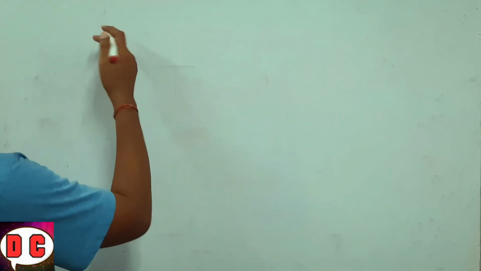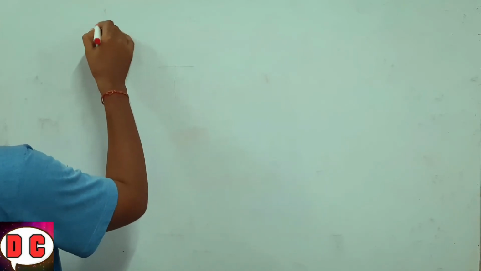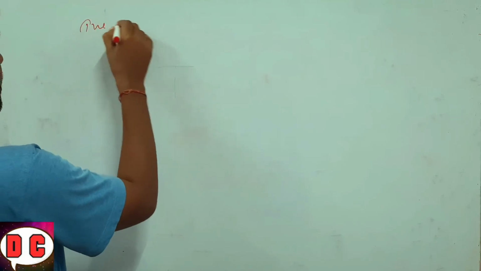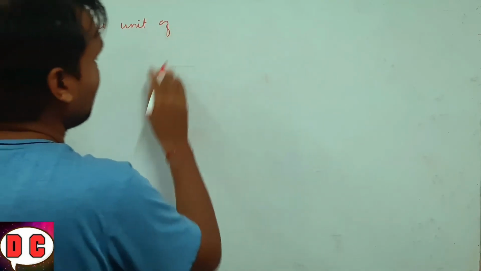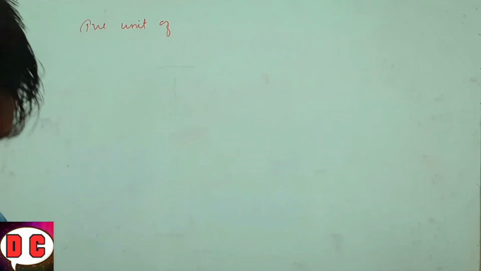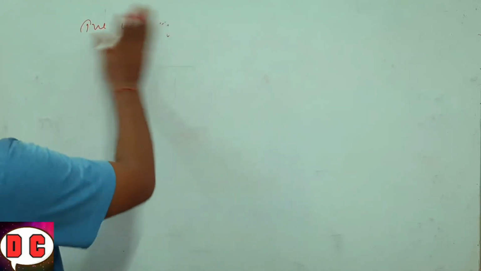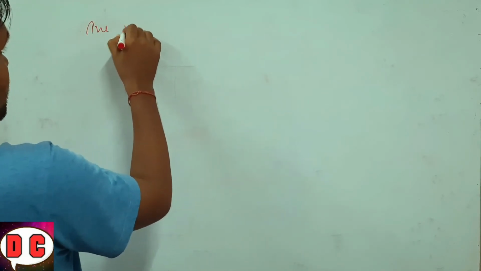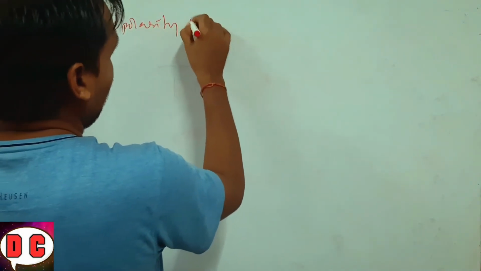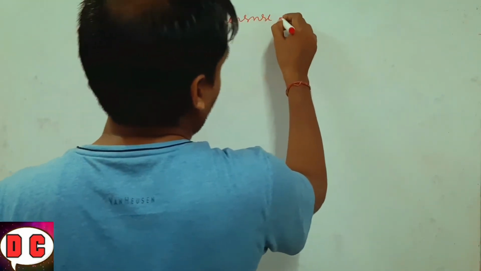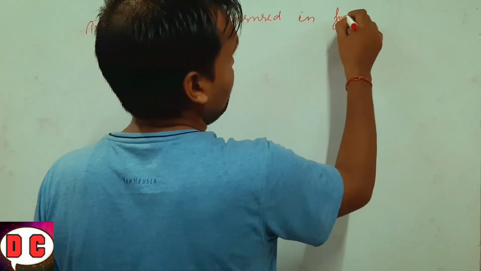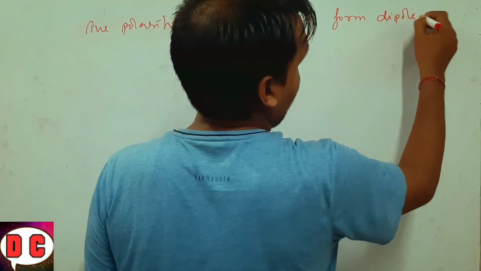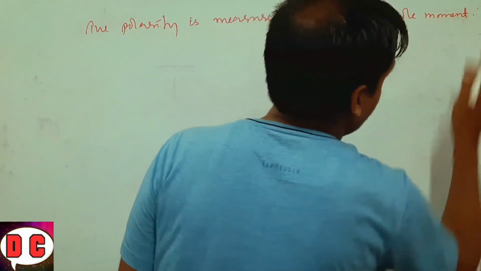Now we discuss how to measure polarity. Polarity is measured in the form of dipole moment. Polarity is measured in the form of what? Dipole moment.